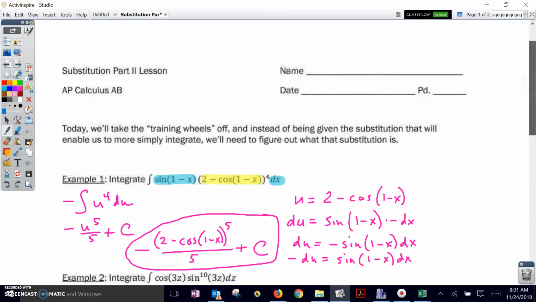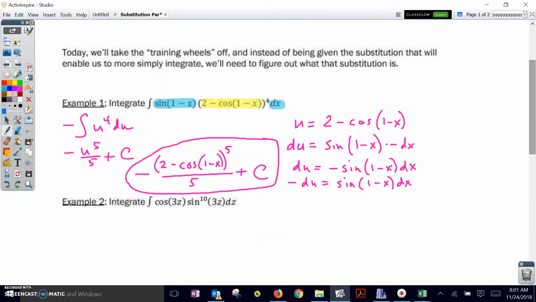Alright, let's look at example 2. We're going to integrate the cosine of 3z times the quantity sine to the 10th of 3z dz. And it's good for us in this case to think about this as the integral of cosine of 3z times the quantity sine of 3z to the 10th power.